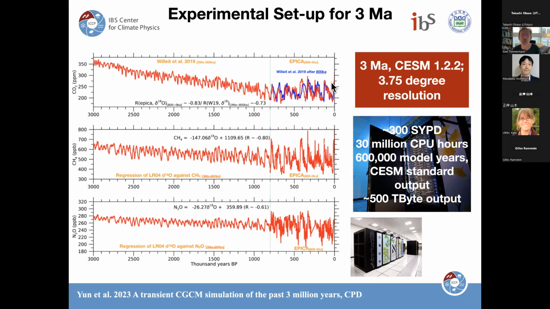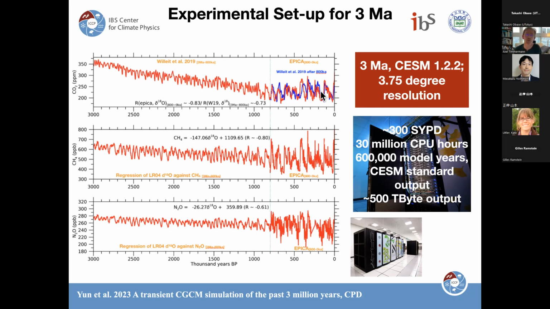After that, we have the EPICA core CO2, so that can be used quite easily. To get the methane, we did a correlation between the benthic delta 18O and the methane, and the same for N2O. It's not the best we can do, I think, but both of these factors don't play such a major role.